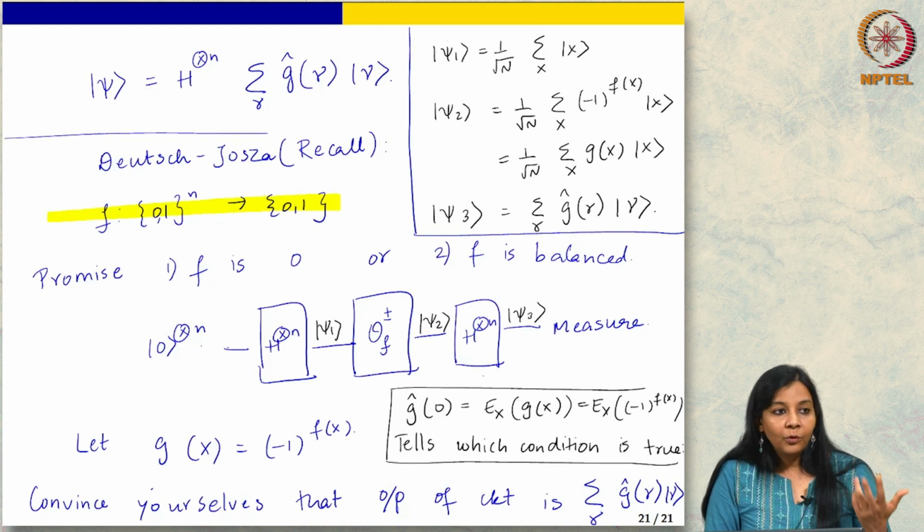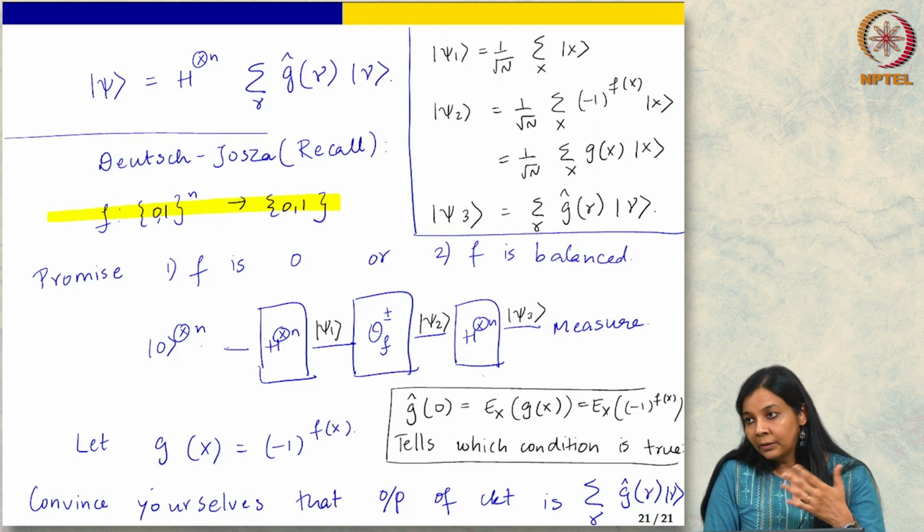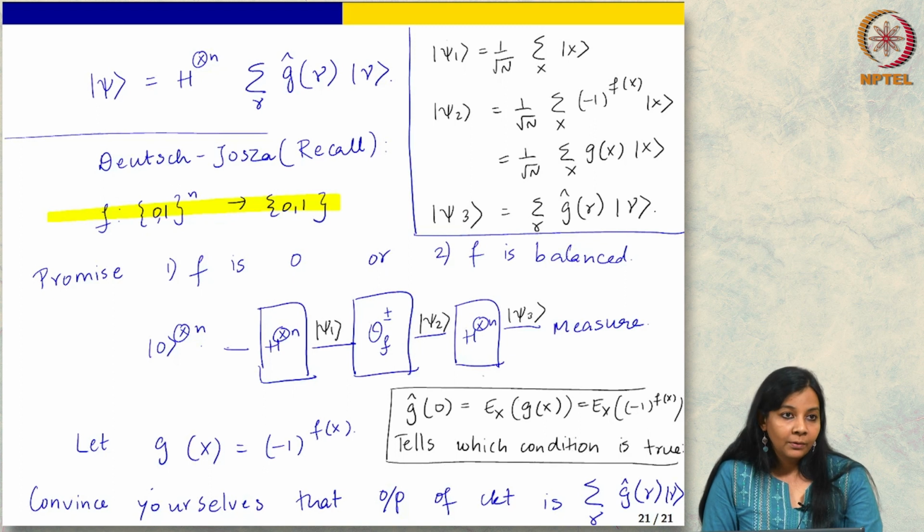This is one of the most famous quantum algorithms. It also makes use of the Fourier transform, and then we will move to the generalized Fourier transform over Zn, and that will lead us to Shor's algorithm. So hopefully by the end of next week we should have seen Shor's algorithm.